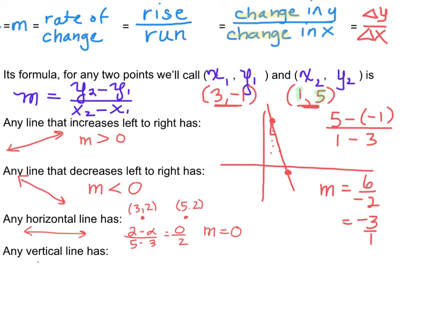Now a vertical line is different. We said positive slopes go like this, negative slopes go like this. Well, what if those positive slopes got bigger and bigger and bigger? It started to get almost vertical, or a negative slope almost vertical. We get to the point where the positive slope and the negative slope are almost the same thing, right?